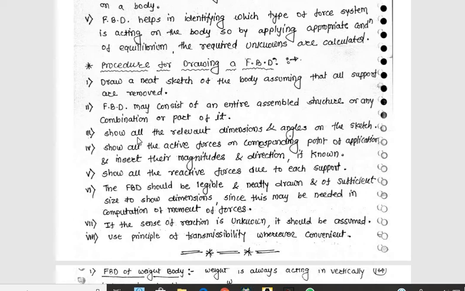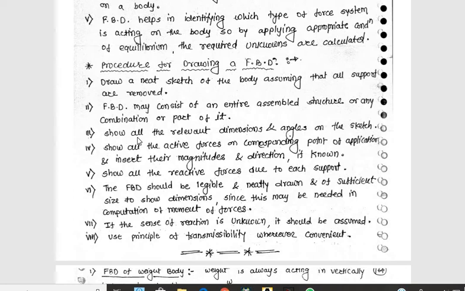Now we are going to discuss the procedure for drawing an FBD. How to draw the FBD? Step number 1: draw a neat sketch of the body, assuming that all supports are removed. The FBD may consist of an entire assembled structure or any combination or part of it. Show all the relevant dimensions and angles on the sketch.